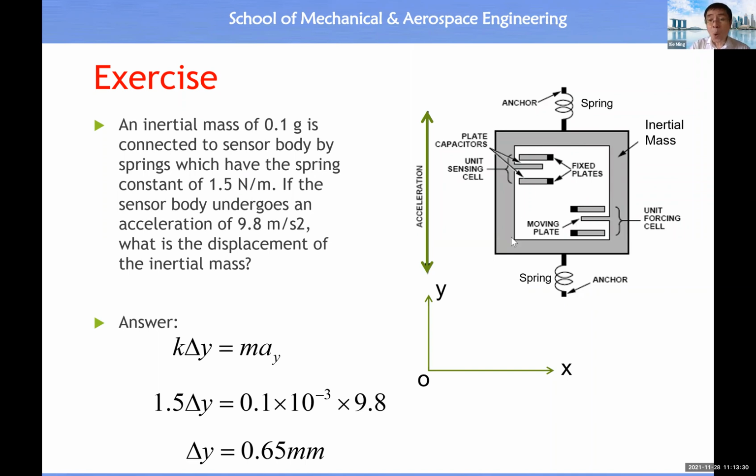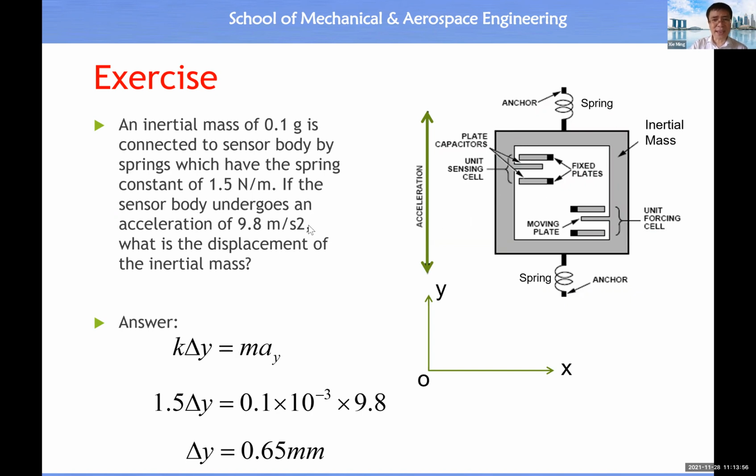So when there is an acceleration downward, gravitational acceleration for example, then this inertial mass will shift upward. Then this capacitance will increase, and this capacitance will reduce. Then we can measure the reading from this sensor.